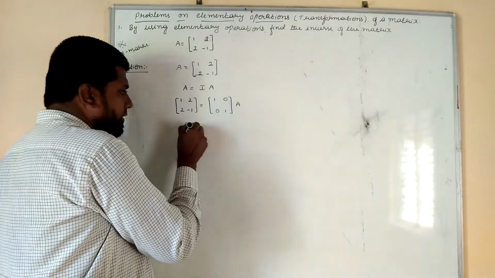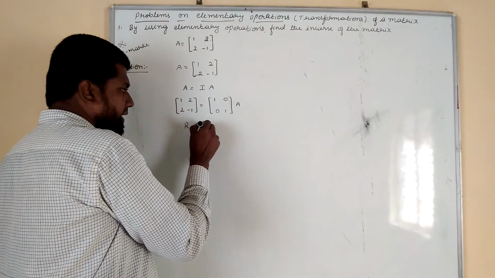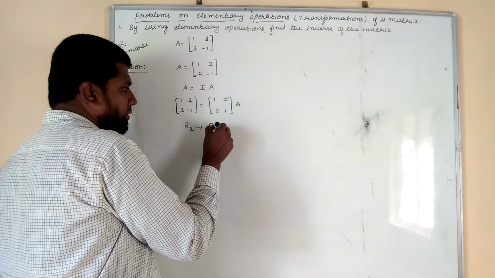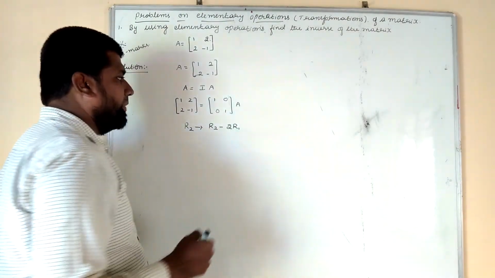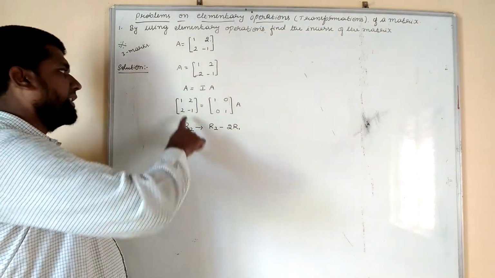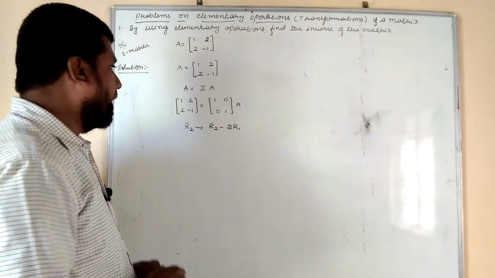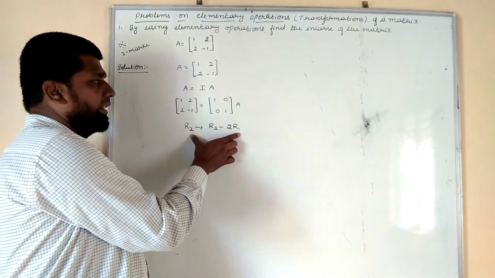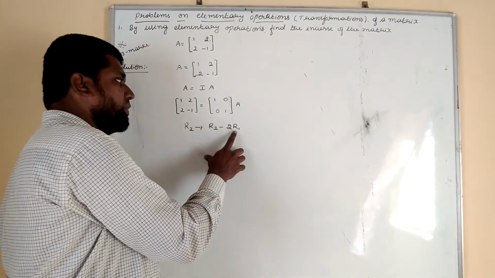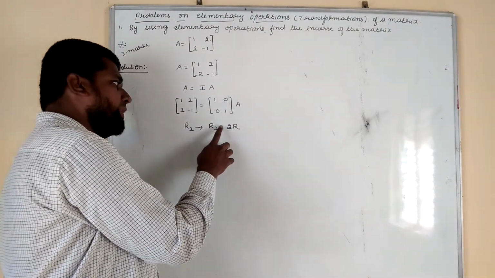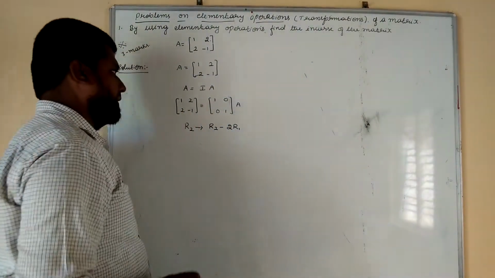Symbolically, row 2 changes to row 2 minus 2R1. Our aim is to make the second row 0 1. So R2 changes to R2 minus 2R1; R2 should have 2 times R1 subtracted.